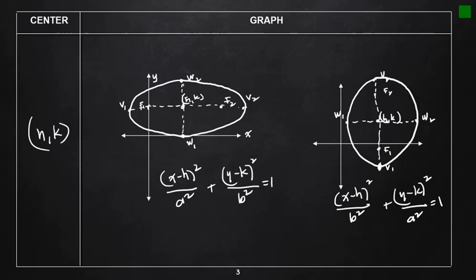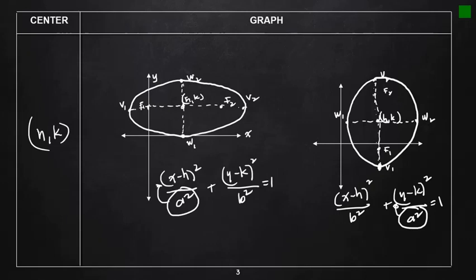As we can see here, the major axis is vertical, and the a is below the y, just like what we had with the center at (0, 0). While in the first graph, the a squared is below x, and the major axis is horizontal.